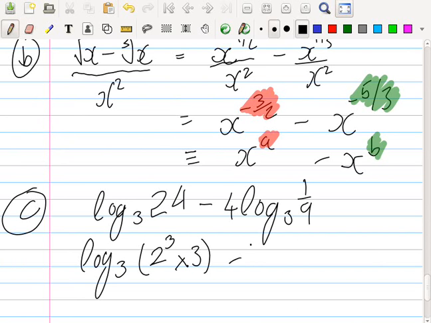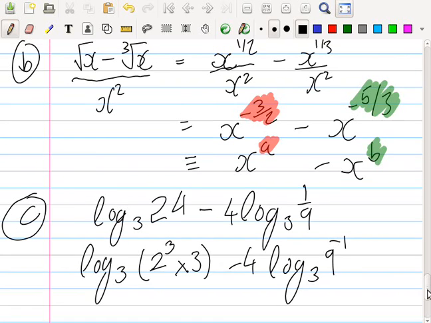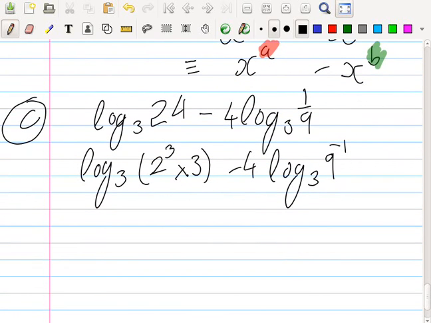Now, what about the 1 over 9? Well, with the 1 over 9, I can say it's 9 power minus 1. Now that's looking promising, because what can I do here? Yeah, I can bring the minus 1 down, to make plus.